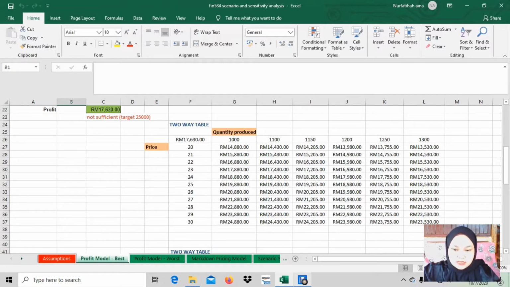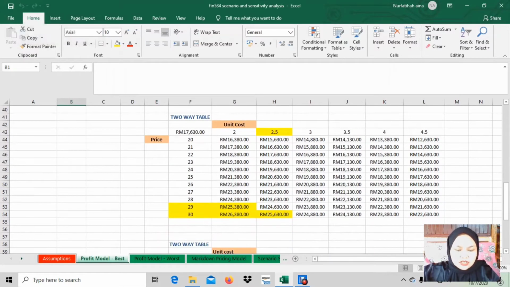So it is useless. Then I change the price from 20 ringgit up to 30 ringgit, and the unit cost from 2 ringgit, 2.5 ringgit, 3 ringgit, 3.5 ringgit, 4 ringgit, and lastly 4.5 ringgit. So as you can see here, there is more than 25,000 ringgit of profit.